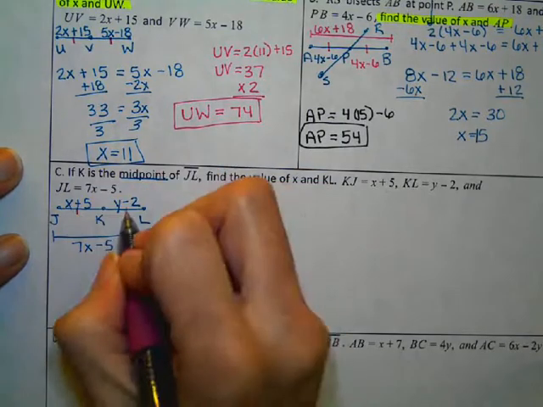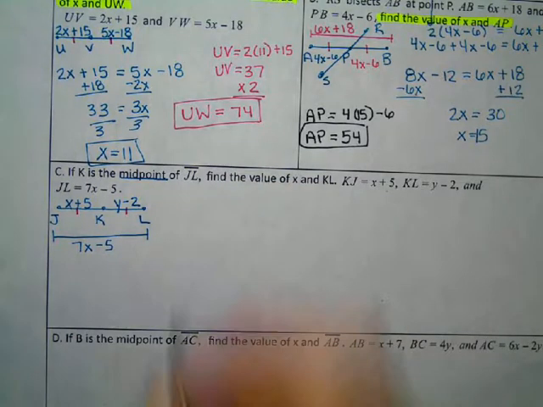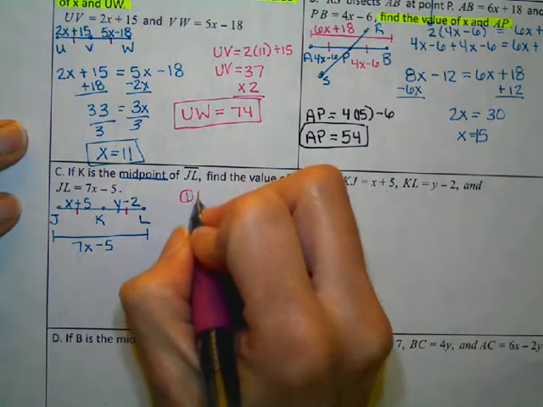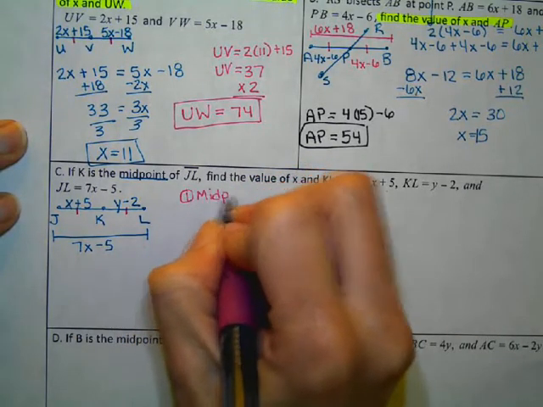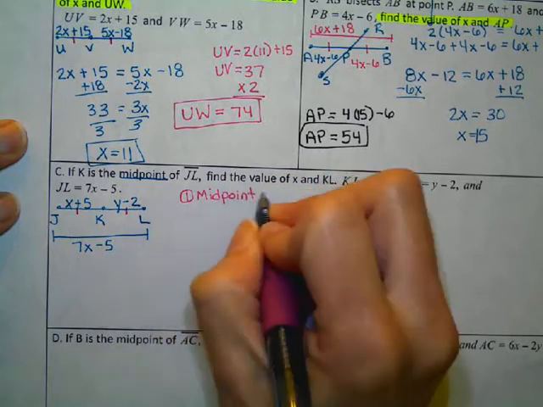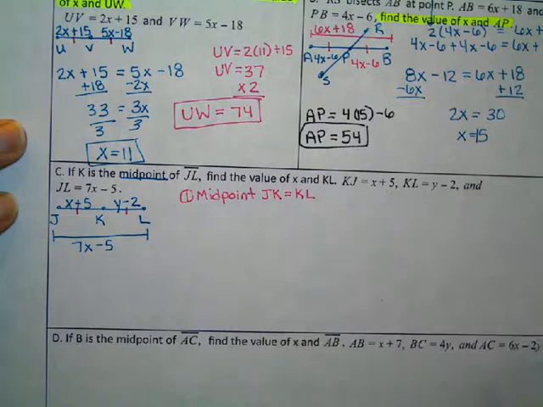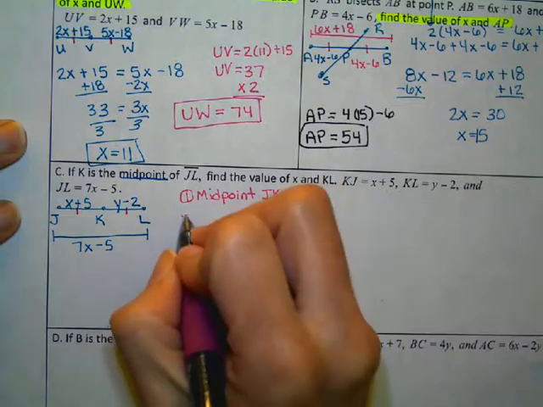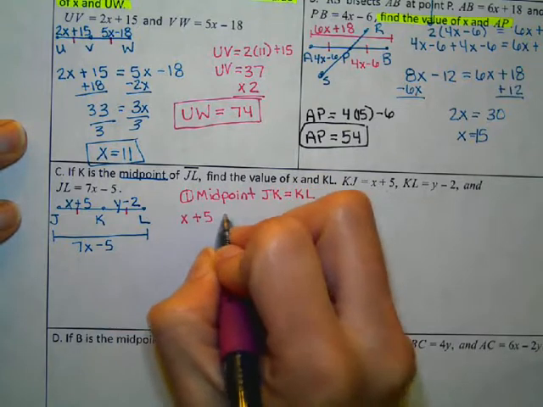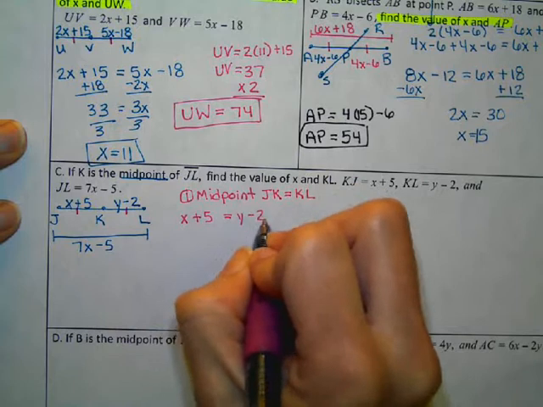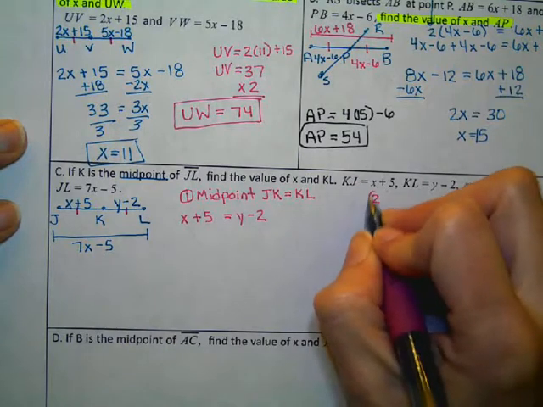So one equation you're going to come up with is using the midpoint. We're going to say that JK should equal KL. So if I plug those numbers in, that would be x plus 5 equals y minus 2. Okay? The second equation you're going to set up is your segment addition.